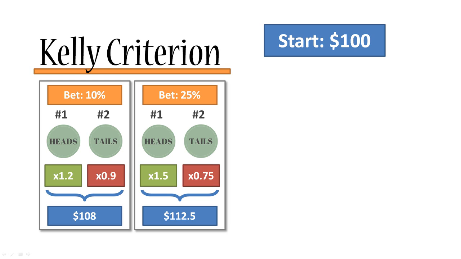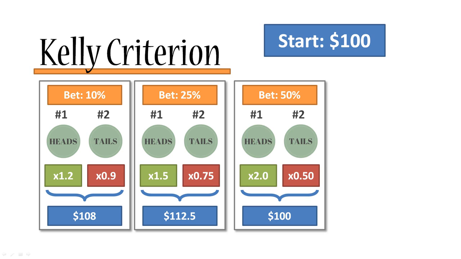Now if we keep going and we look at a scenario where we bet 50% of our balance, then on heads our balance is multiplied by 2, and on tails our balance is multiplied by 0.5. And as a result, the overall outcome of a pair of heads and tails is we're back at $100. So after the heads we would go to $200, after the tails we would go back to $100.